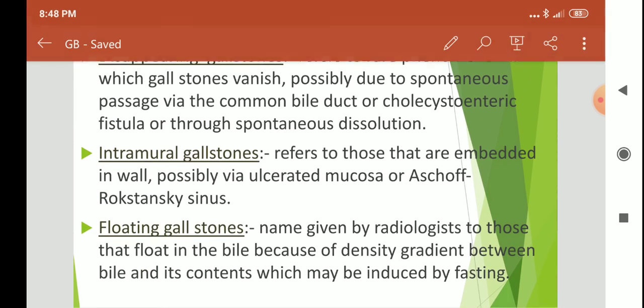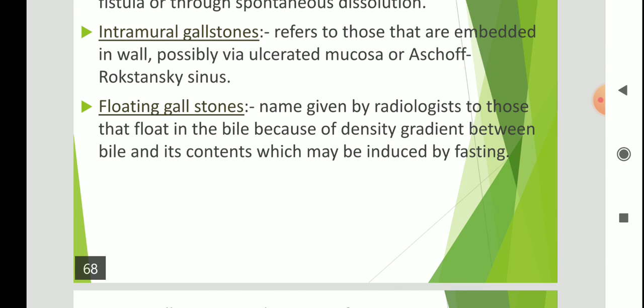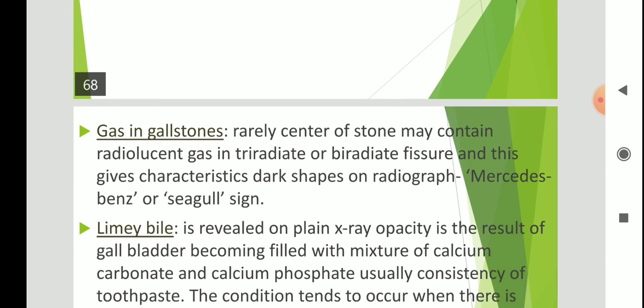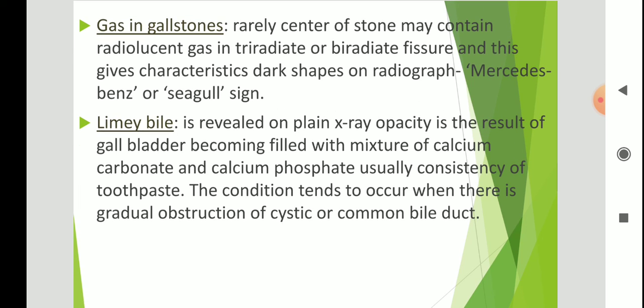So this is the only disadvantage of fasting, rather than the usual beneficial effects. Fasting could be a contributing factor for the formation of gallstones. Gas in gallstones: rarely, the center of a stone may contain radiolucent gas in a triradiate or biradiate fissure, and this gives characteristic dark shapes on radiograph.